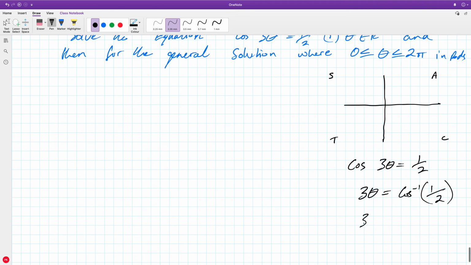So 3 theta is equal to cos inverse of a half, 60 degrees. Is that okay?